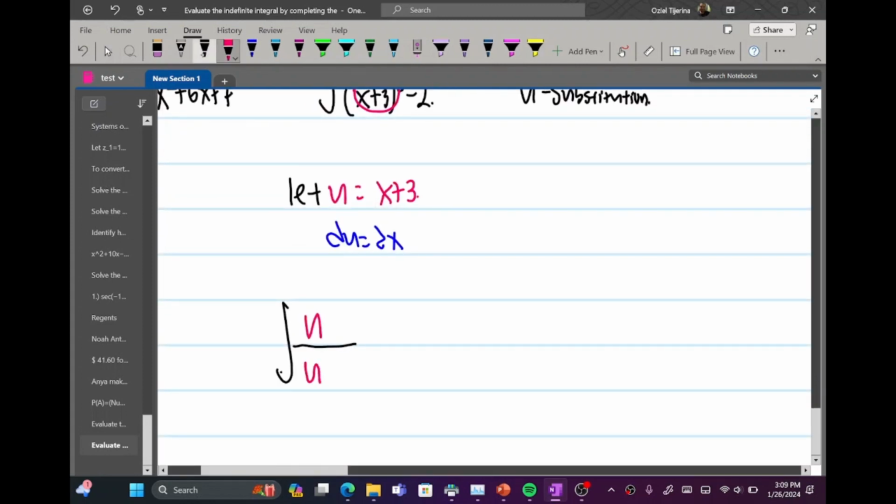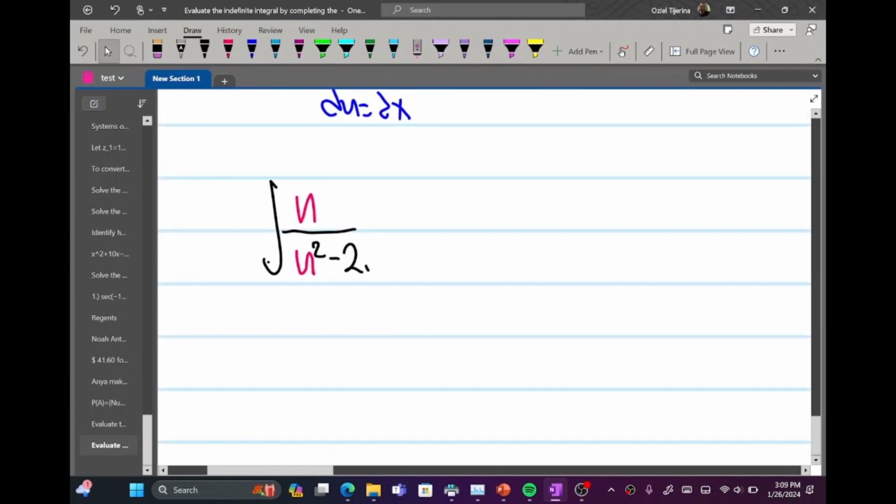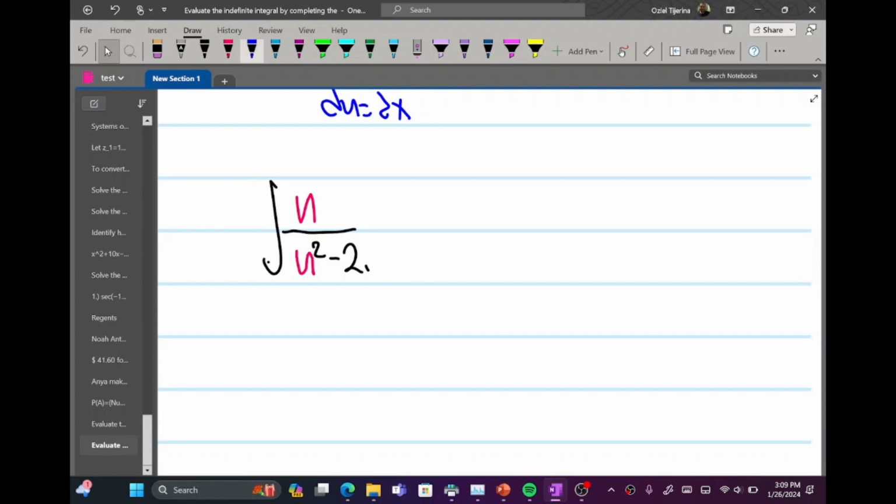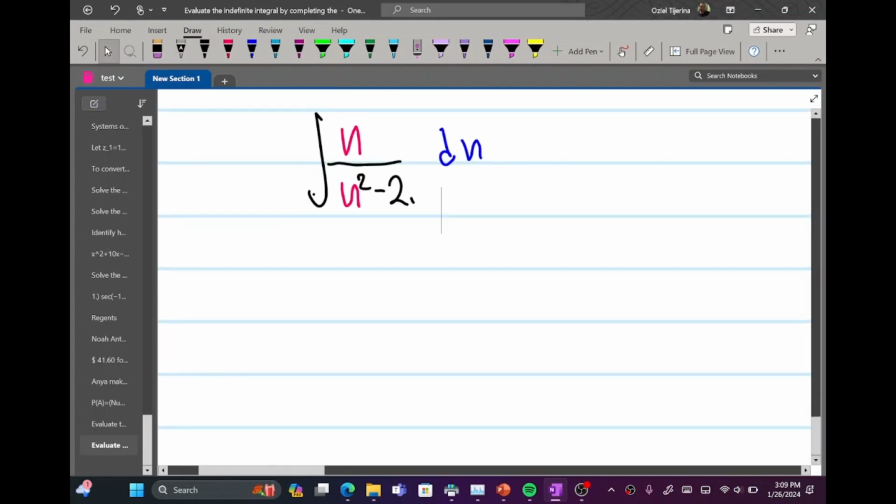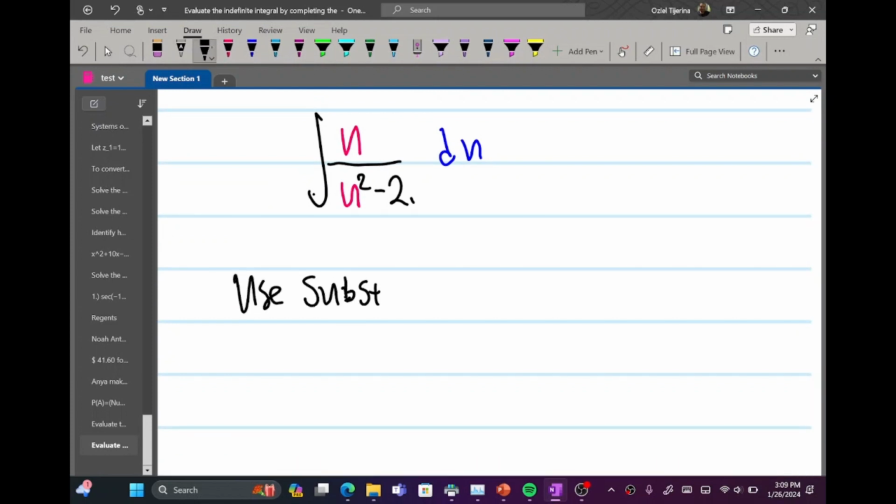Now, the thing with this one, guys, is that you need to do u-substitution twice. Obviously, we can't really do anything with this yet. Yes, we have u over u squared minus 2 du, but in this case I'm going to use substitution again. In this case, v substitution.